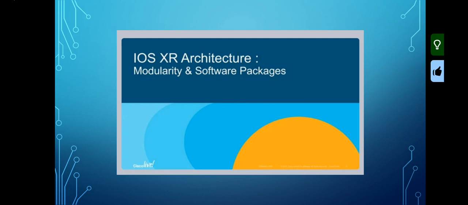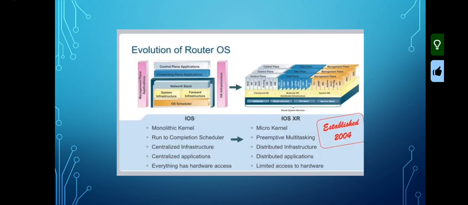About the modularity and software package, evolution of router OS, we have IOS. You must be aware of the Cisco devices, Cisco routers and switches, which are generally using IOS. However, we've got Cisco SR routers or switches which will be using IOS XR. And the difference between IOS and IOS XR is that IOS does support centralized infrastructure and IOS XR does support distributed infrastructure.